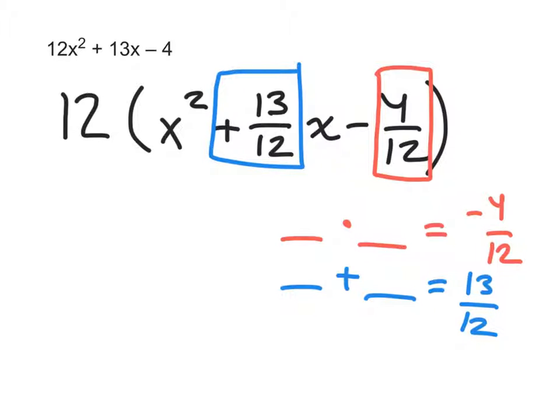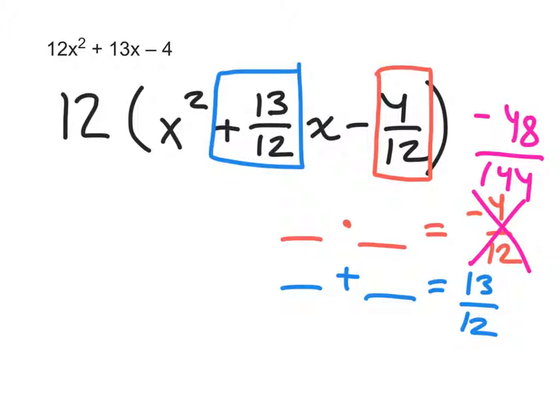Well, in order to take care of that, if we're looking to have things both be 12ths, if I multiply 12ths by 12ths, I'm going to get 144ths. And so in order to, believe it or not, make that easier to see, I'm going to take the negative 4/12 and multiply both the numerator and denominator by 12 to make an equivalent fraction out of 144ths.